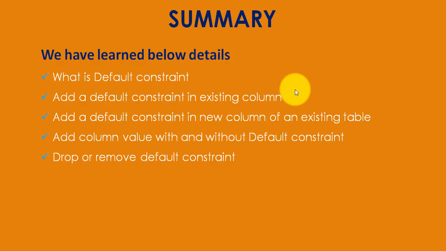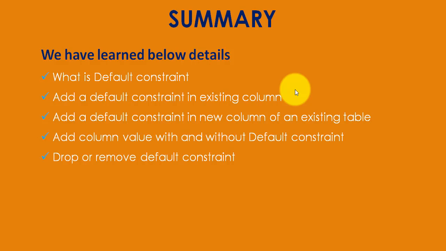In one table, the column is mentioned 1, 2, 3 for TVL gender, where 1 is for male, 2 is for female, 3 is for unknown. And in the second table, TVL person, there is a column named gender ID. If you don't want to assign the gender ID, by default it will be taken as the value 3, that is unknown. So that is the importance. And the user, if they want to add a null value, the column can accept null values despite the specified default constraint.